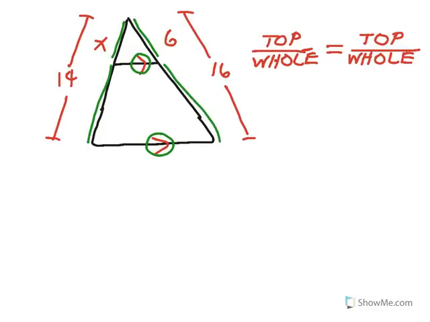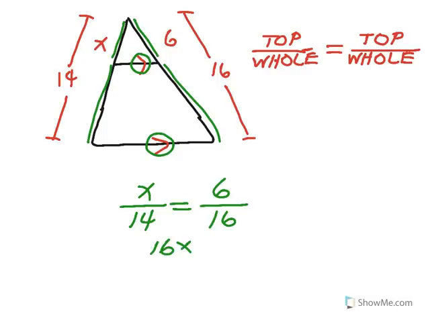But I also know that the top to the whole is the same as the top to the whole, or the bottom to the whole is the same as the bottom to the whole. So I can write a proportion and solve for X, knowing that the ratio of X to 14, the top part to the whole part, is the same as the ratio of the top part, 6, to the length of 16.